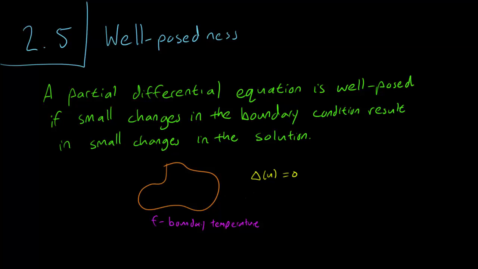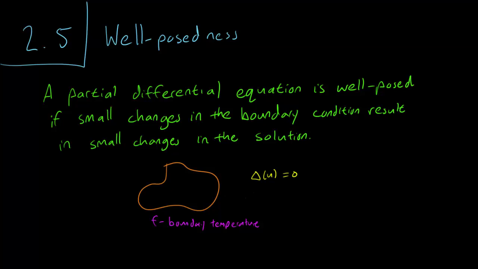Well, if that mistake of 0.00001 degrees Celsius completely messes up my calculation for the solution, I'm not going to be able to get an accurate steady-state temperature very often, am I? Because measurement tends to be imperfect.